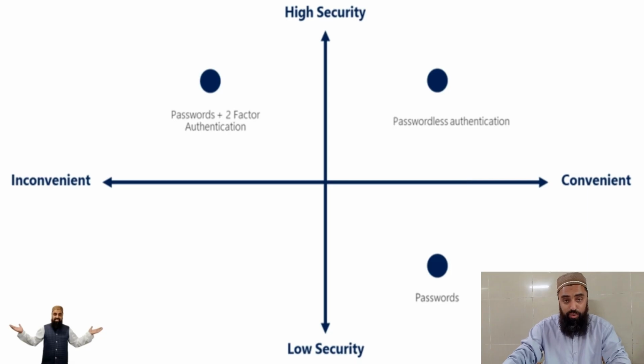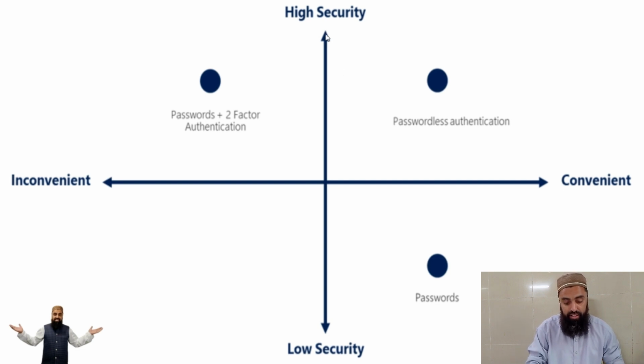All right, guys, now this example is a perfect illustration to know which authentication method is more convenient and secure. So you can see that we have high security, we have convenience, we have inconvenience, and we have low security. Now you can see that passwordless authentication is the most convenient and highly secure method.